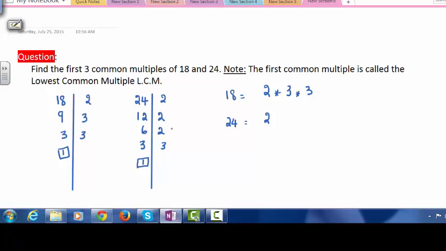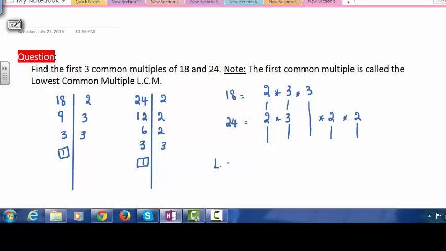There are 2 other 2's, but here we have 3, so I can go a little bit further and create new columns for these 2. Then don't forget there is a 3, so I can put 3 with the 3. So as you can see, 24 has three 2's and a 3, and the first one has one 2 and two 3's. I created columns of the same number, and if a column is empty, no problem, it's still a column.